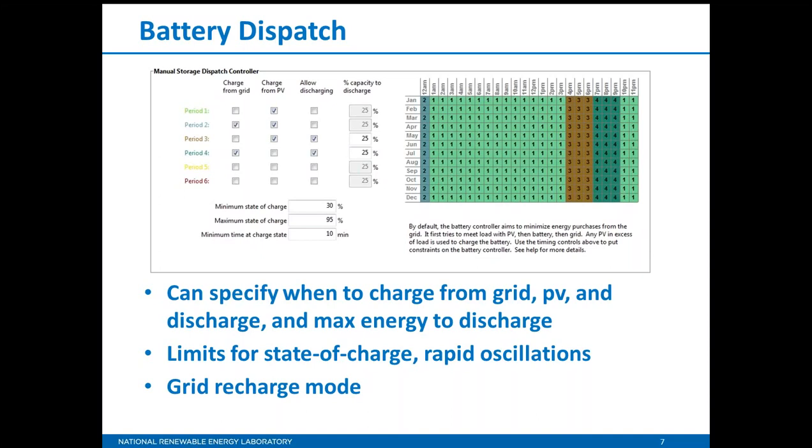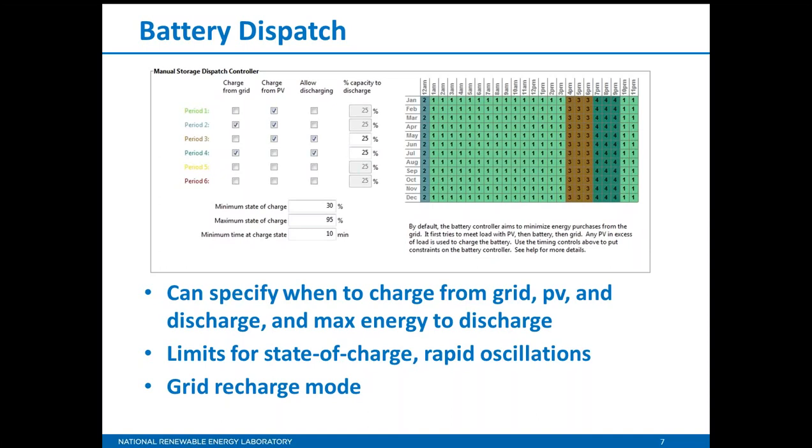Also, you might not know exactly when your peak demand is going to be, so trying to set up the controller a priori is not necessarily the best way to reduce your demand. Despite these limitations, this controller does allow you to start looking at how you would evaluate these kinds of questions and start getting into more advanced strategies, which I will talk about more.